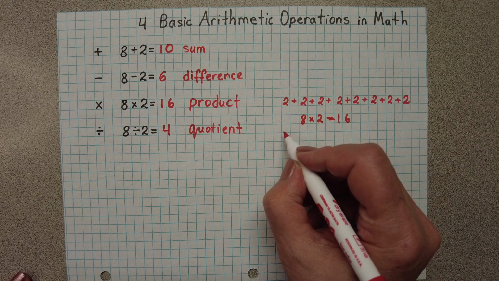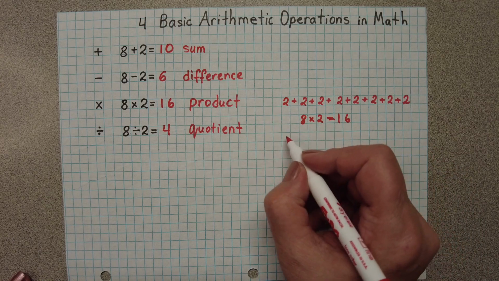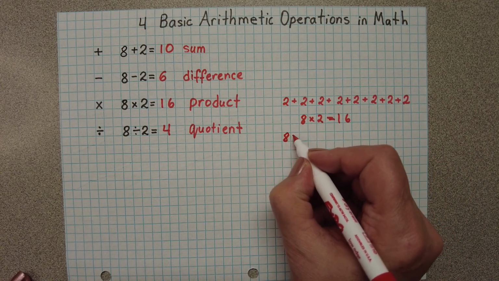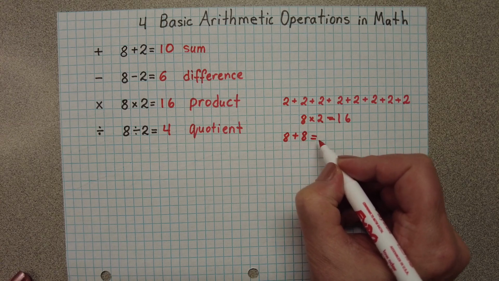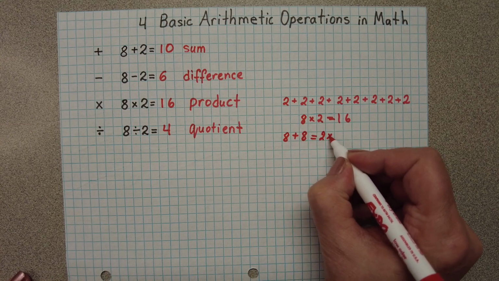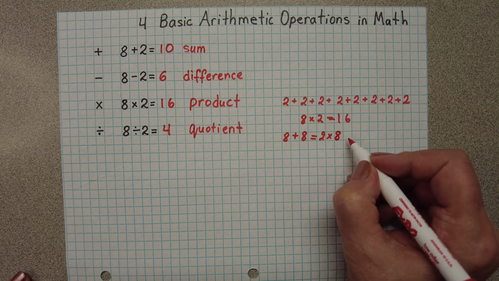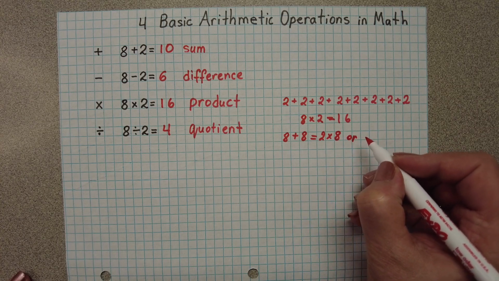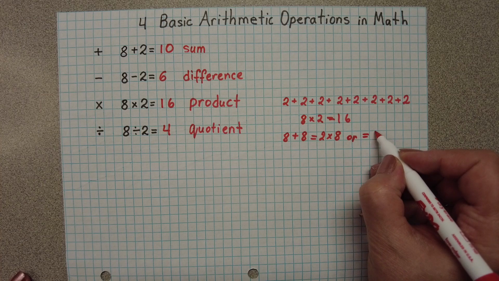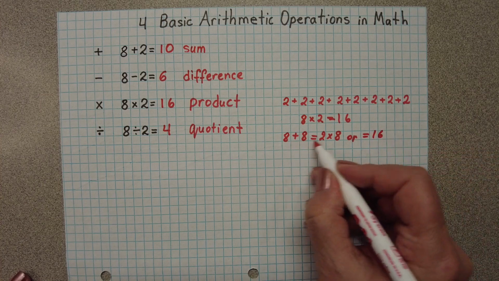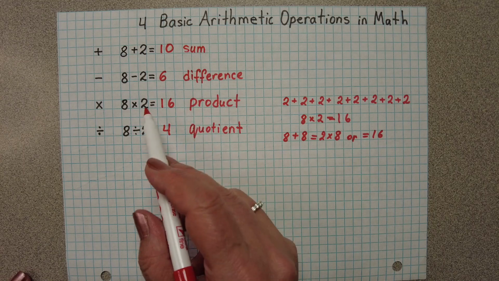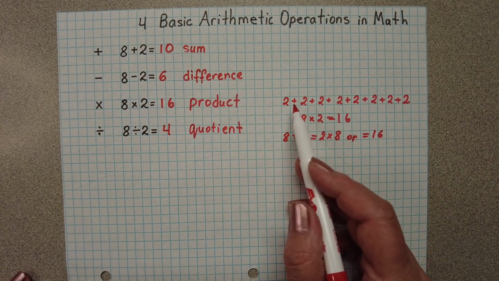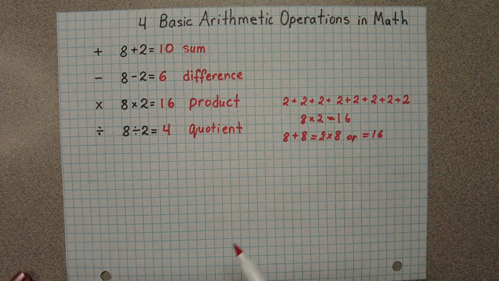Or we can write this like 8 plus 8. This is also equals 2 times 8, or equals to 16. So we have the same answer. Now you know multiplication is repeated addition.